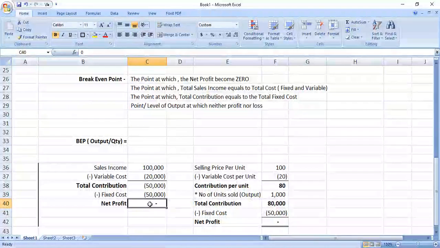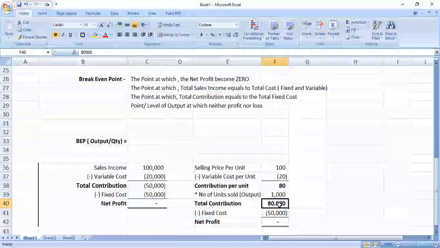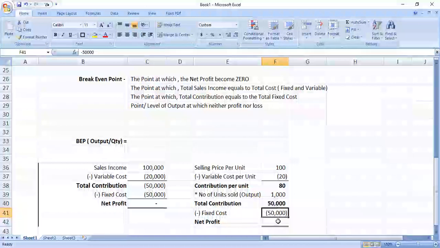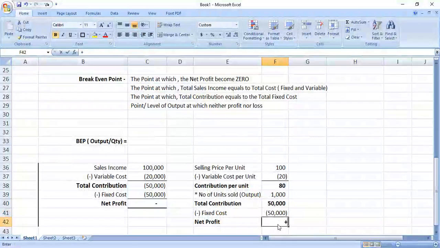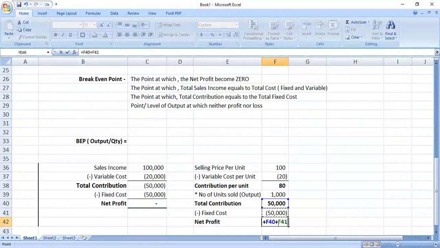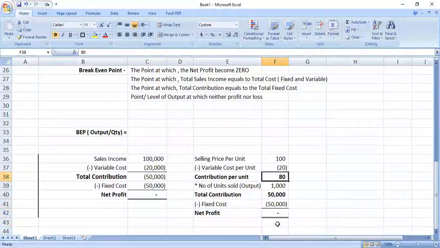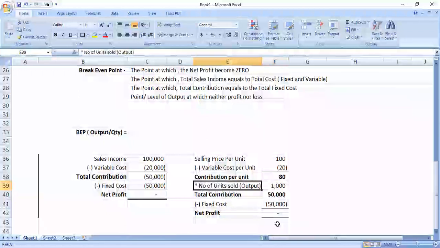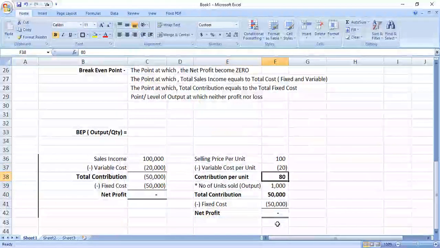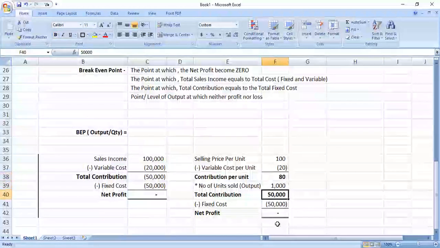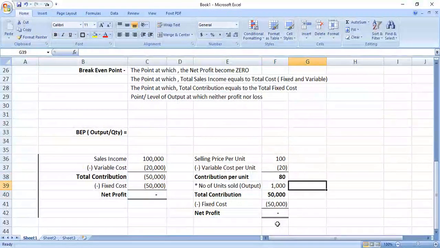So I know if I want to get a contribution of 50,000, here also the fixed cost should be 50,000. Then only my contribution minus fixed cost, net profit, will be 0, right? Now if I sell 1000 units, guys, see what will be my actual contribution.